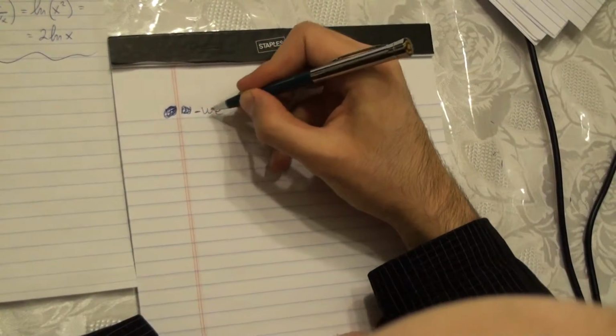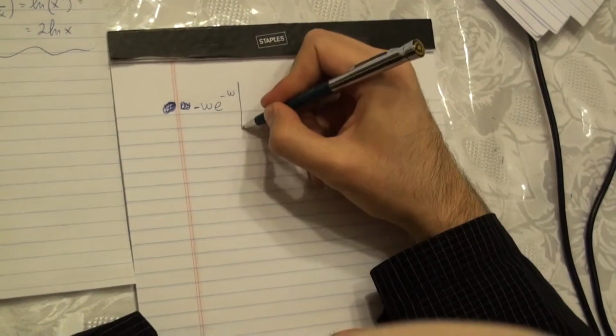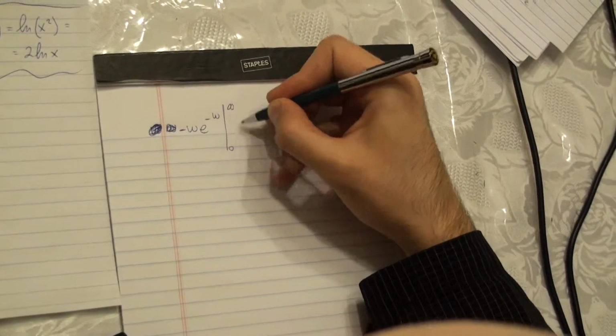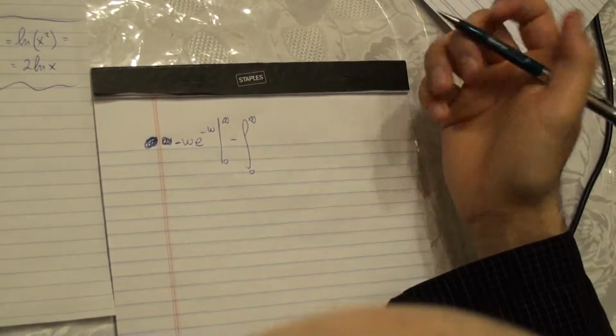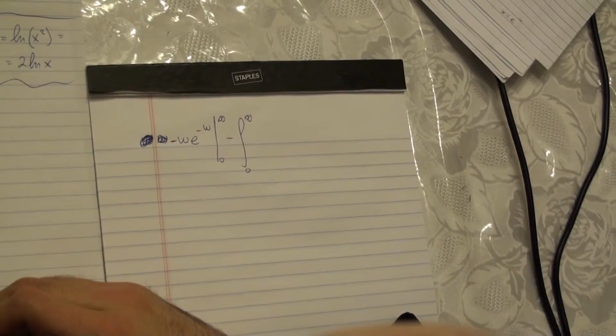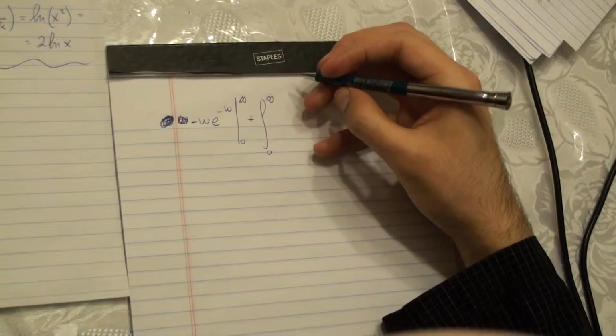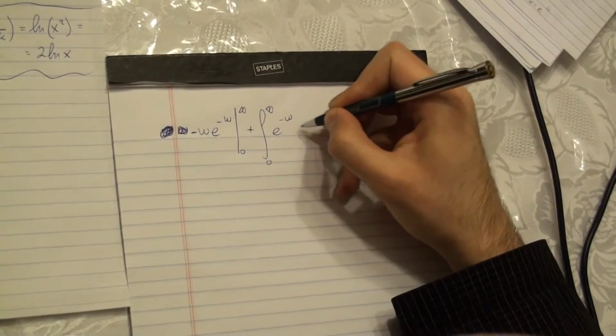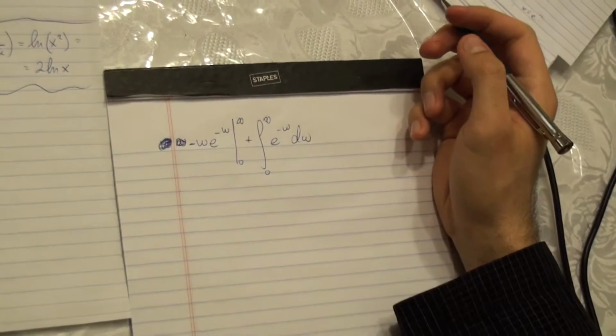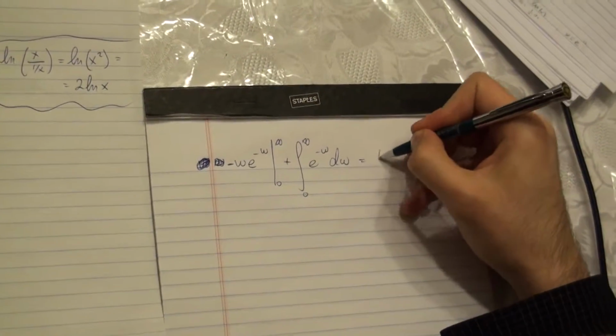This is minus e to the minus w, so minus w e to the minus w, I'm just multiplying through, evaluated from 0 to infinity, minus the integral from 0 to infinity of v du. Well, what's v? v is minus e to the minus w, minus comes out, and du is just dw, so we have e to the minus w dw. And this is still supposed to be equal to a over 2.